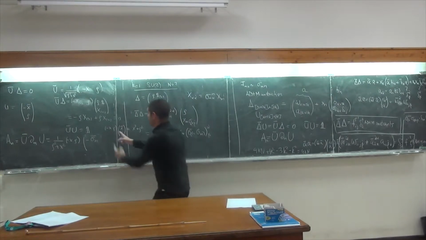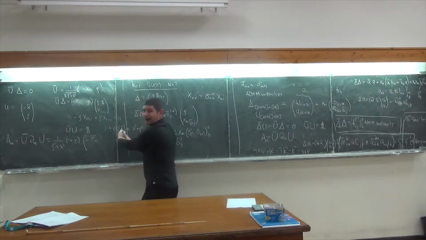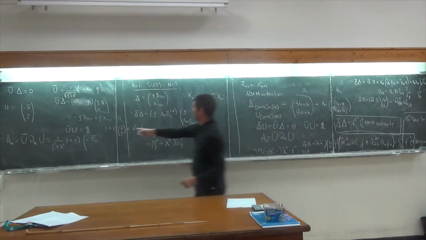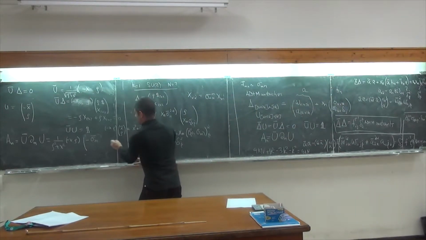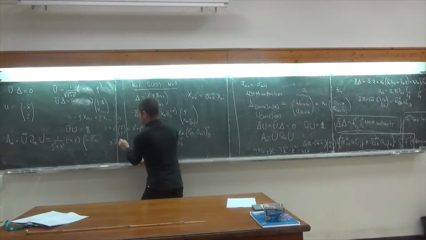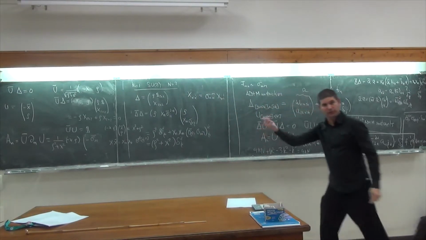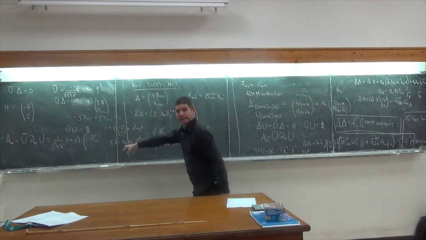You always use this factor, sigma bar: every time I symmetrize, x x bar is x_n sigma_n times sigma bar_n. And every time I symmetrize this is proportional to delta, and this will give the x.